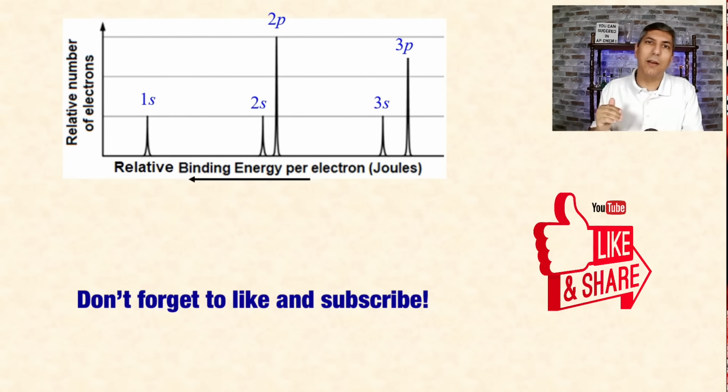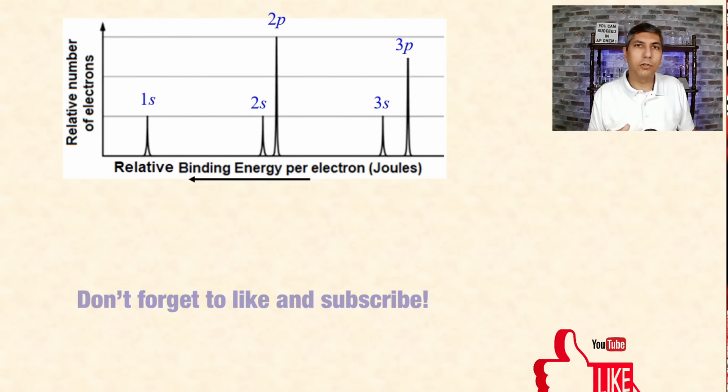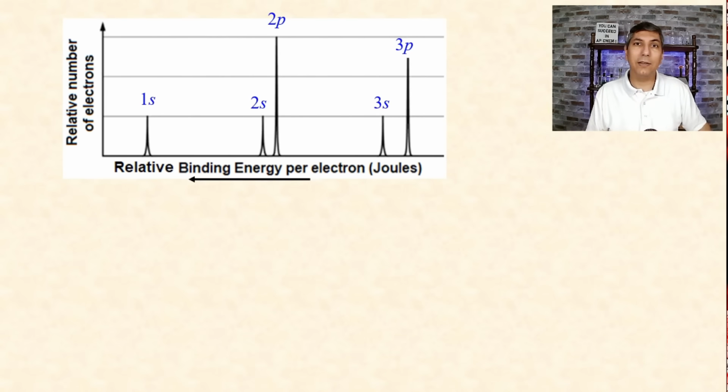The height of the peak has everything to do with how many electrons are in that sublevel. So we have 3 peaks that are these S peaks here that all have the same height. So it's safe to assume that they all have 2 electrons in them. So I just have 2 there. Now, this 2p peak is 3 times higher than the S peak.